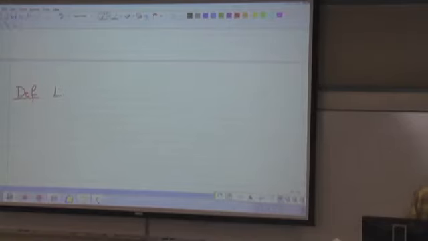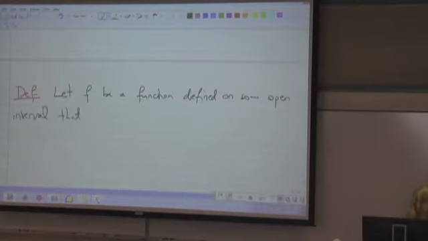Okay, let f be a function defined on some open interval that contains the number a, except possibly a itself.